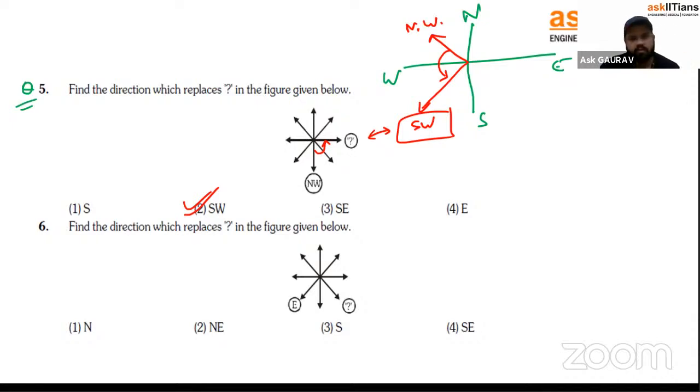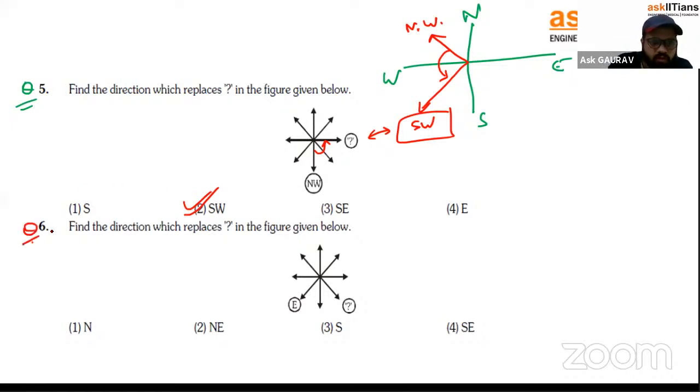From northwest, just move 90 degrees anti-clockwise, you will reach southwest. That's it. Clear?